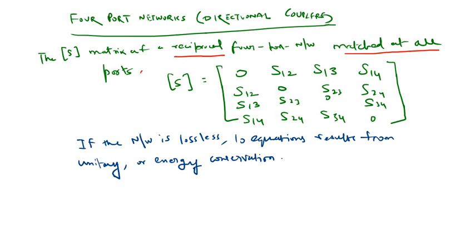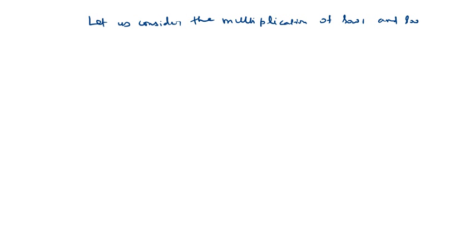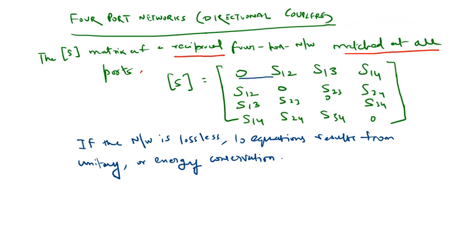Okay. So now let us consider the multiplication of row 1 and row 2. So what is row 1 and row 2? This is your row 1 and this is your row 2.